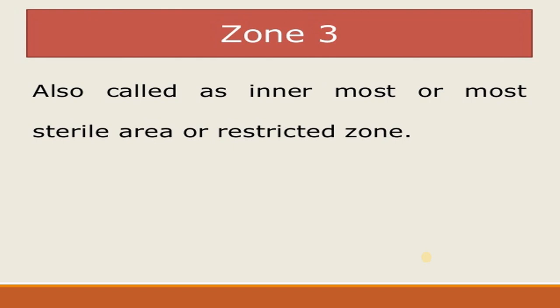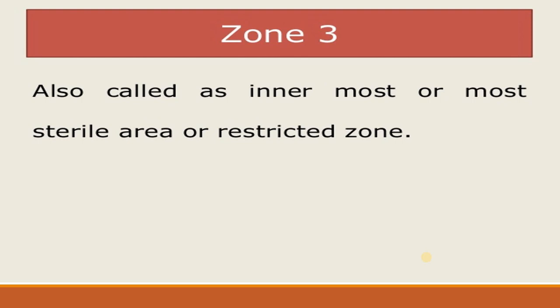This zone also includes scrubbing areas with elbow and foot-control taps, the anesthesia room, and the operating room. It is mandatory to wear scrub clothes, cap, mask, and all such items here. It is compulsory to follow this zoning because of the contamination gradation of the OT.